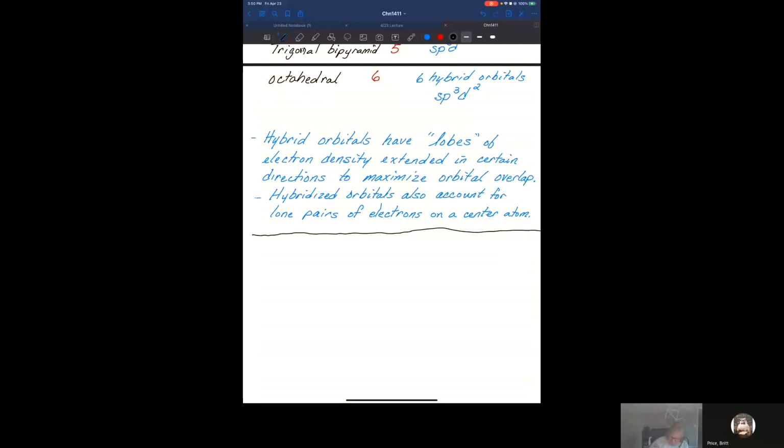So we'll go with BeH2. BeH2 is known to have a bond angle of 180 degrees.